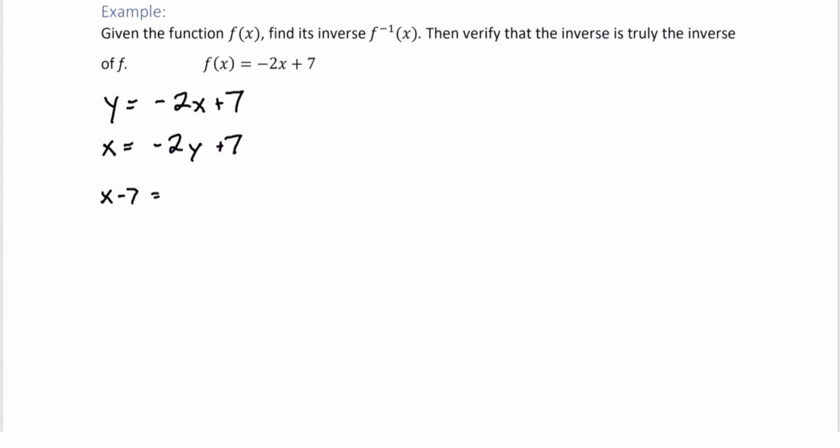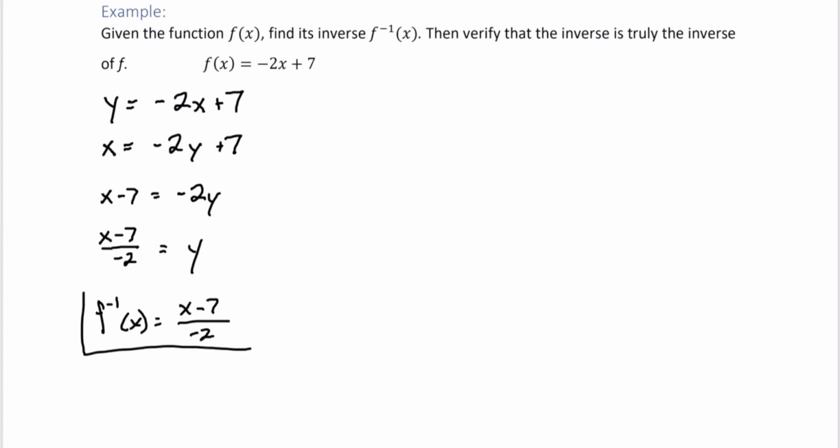We'll do that on both sides. And then we divide by -2. Once we've isolated the y, we can now call that f inverse of x. So we have the inverse.